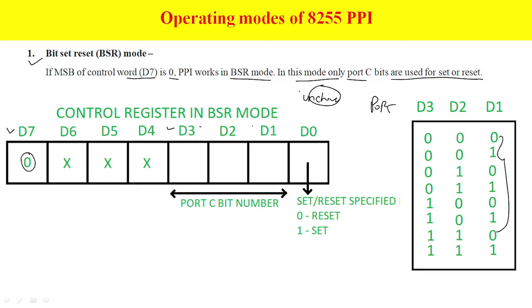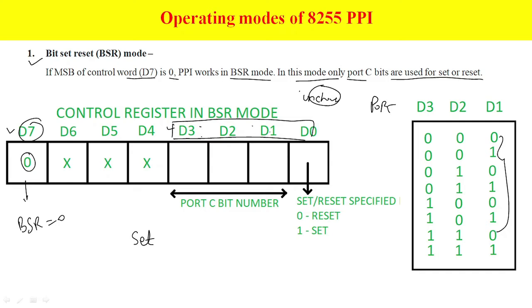So in BSR mode, how many bits are useful? From D0 to D3 and D7. D7 is used to select the BSR mode. If it is 0, that means it is in BSR mode. Which bit you want to set or reset depends on the D1, D2 and D3 values.